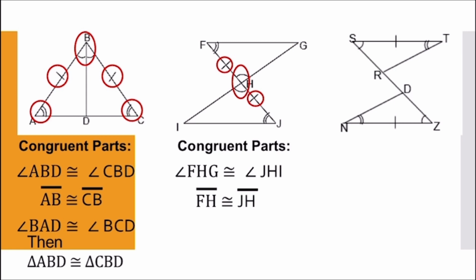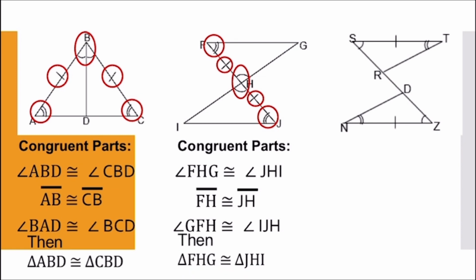For our pair of included side, we have line segment FH is congruent to line segment JH. And for our second pair of congruent angle, we have angle GFH is congruent to angle IJH. Then, triangle FHG is congruent to triangle JHI.